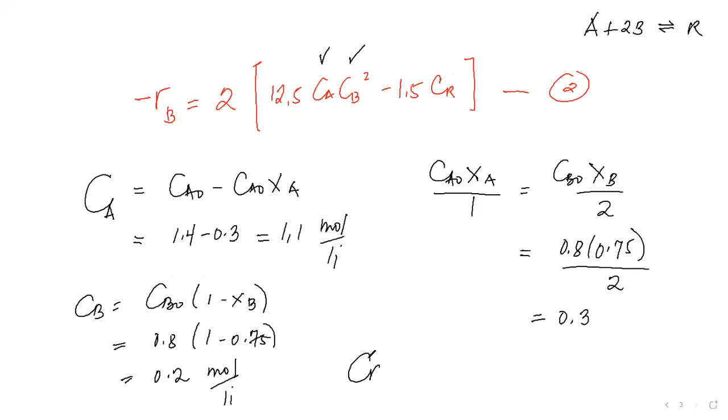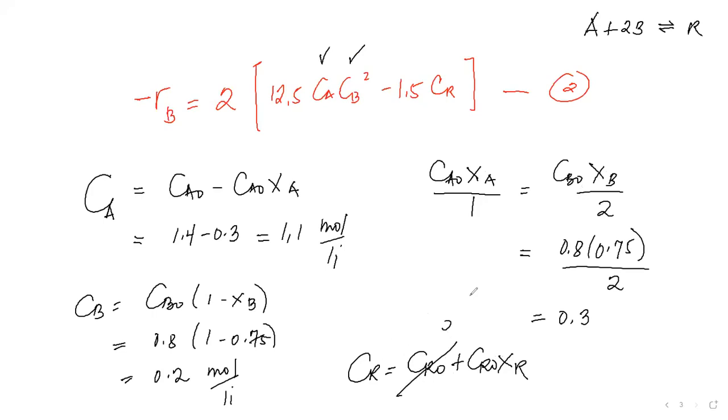So for C sub R, that would be C sub RO plus C sub RO XR. This is the initial amount of R, and this is the amount of R produced out of the amount of the limiting component that has reacted. So we will base it on the limiting component. Now the problem is silent about R being present initially, so this could be 0.